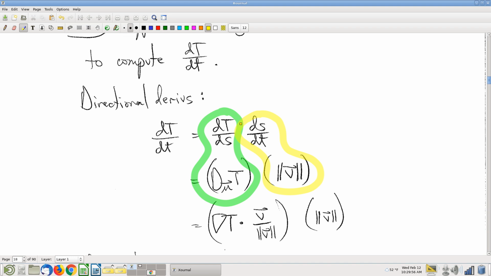How do I compute the directional derivative here? Well, dot product of the gradient with the unit vector. Well, okay, the unit vector pointing in the direction of a given velocity vector is, well, you divide the velocity by its magnitude. So there's how that calculation goes down, and then plug and chug.